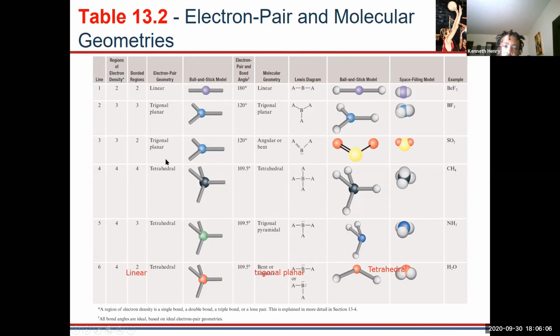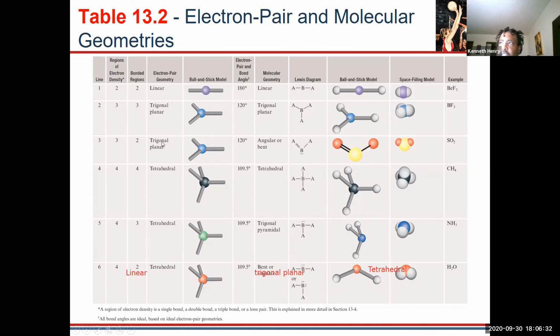Here is another example of trigonal planar, but in this case we have a single electron pair. You see that electron pair up there? Now there are two attachments. A double bond counts as only a single attachment because it's attached to one atom, right? So that's 1, 2, 3.